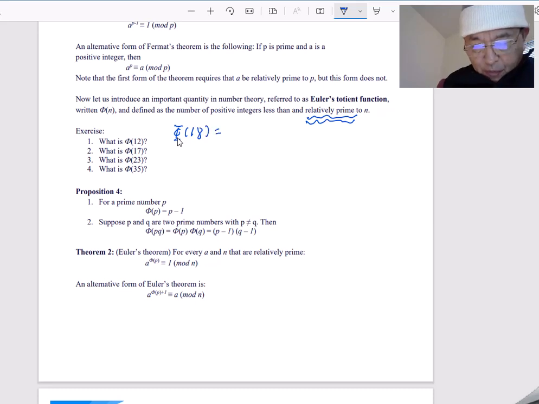So how many of them are there? Okay, let's see. So n is 18. 1 is relatively prime.